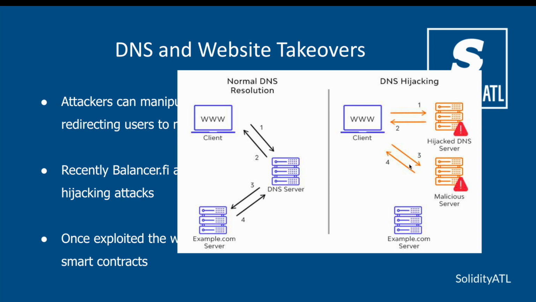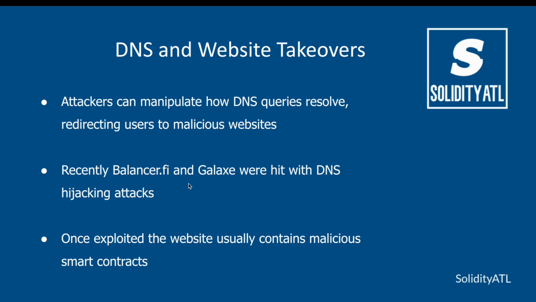So when a DNS hijacking attack occurs, what's happening is those contents are spoofed, and the DNS server is pointing to a hijacked DNS server, which means content from the attacker will be displayed back to the user. An example of a recent DNS hijacking or website takeover was Balancer and then Galxe, I believe.